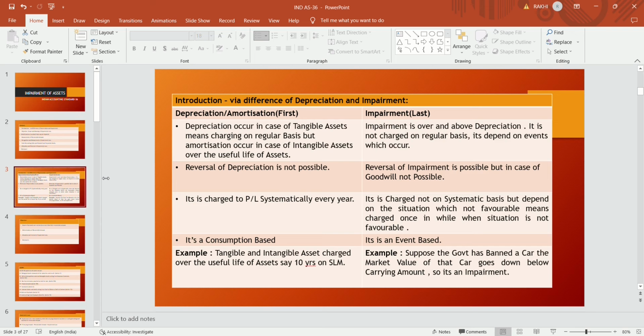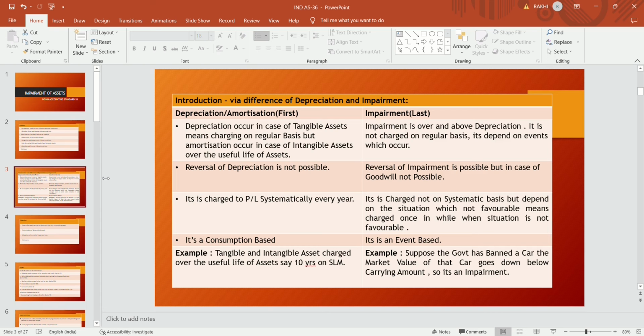But for impairment, suppose the government has banned a car, suddenly the market value of that car goes below the carrying amount, so it is an impairment. If the recoverable amount is less than the carrying amount, then only an impairment is to be done, and it is booked in the P&L as impairment loss.